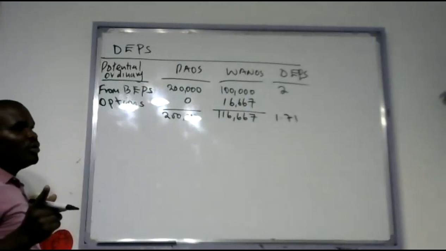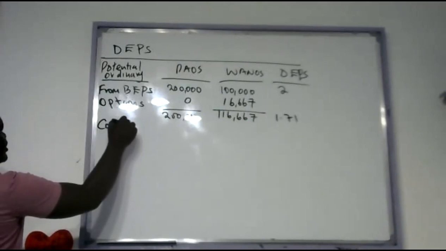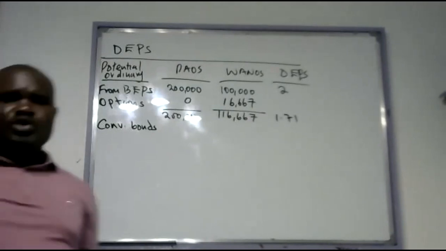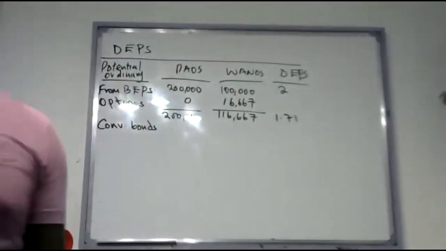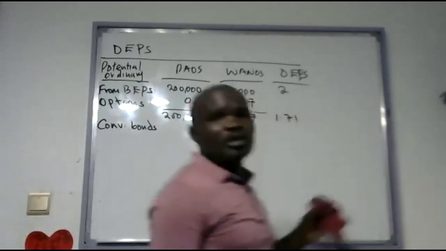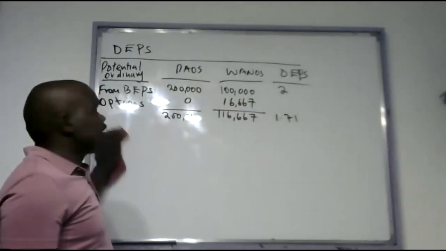Number 2 was the preference shares, not the bonds. Bonds was the last one. Preference took position 2.